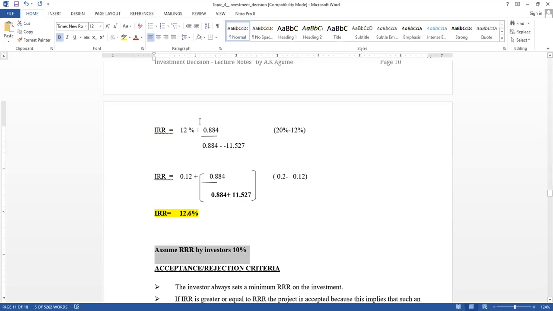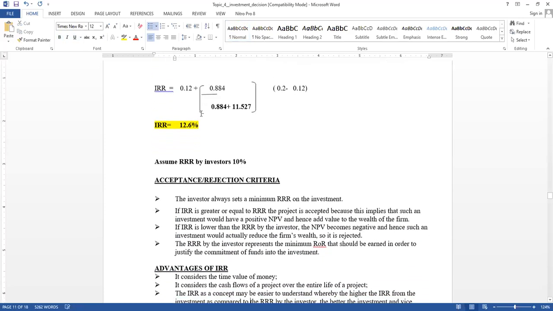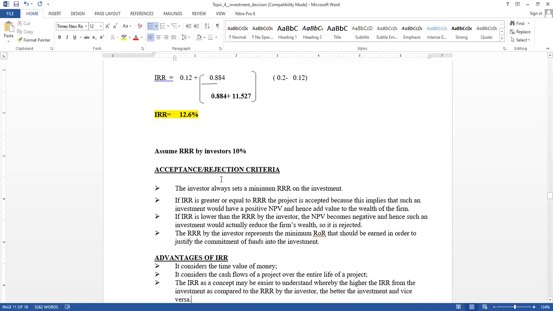So the internal rate of return will have to be compared with the required rate of return by the investors. If you find that your IRR is greater than the required rate of return, then you accept, because that means the project is viable. It is going to generate a return which is higher than the required rate of return by the investors. The investor always sets a minimum required rate of return on the investment.